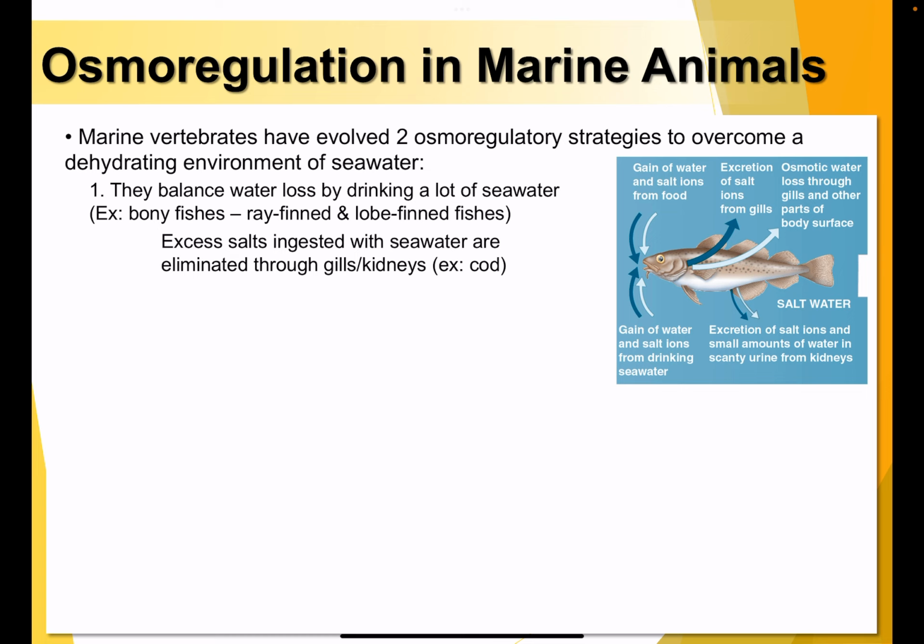Those excess salts have to be eliminated through their gills and also their kidneys. Their gills and kidneys are able to excrete salt ions, and a small amount of water in their kidneys. Their gills can also do the same thing.